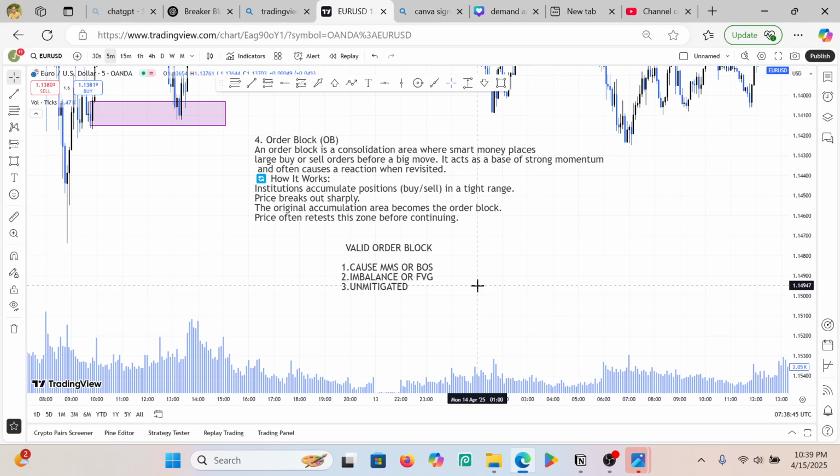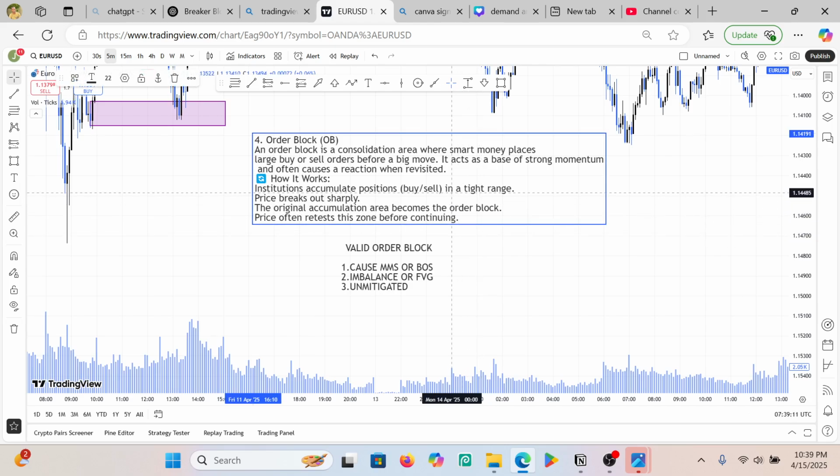There's no way you can trade an invalid order block in the market, because when you trade an invalid order block, you will hit your stop loss. When you trade a valid order block, you will hit your take profit. So I have decided to teach you about a valid order block, both bullish and bearish.